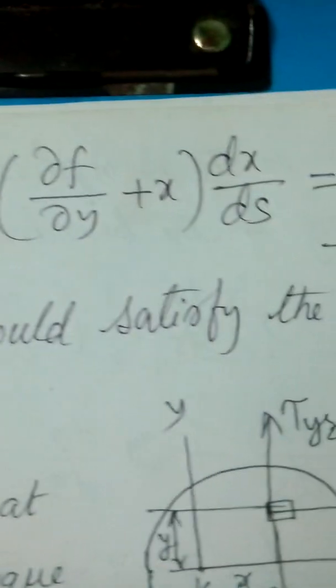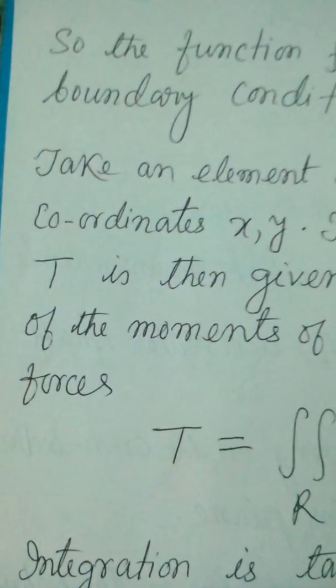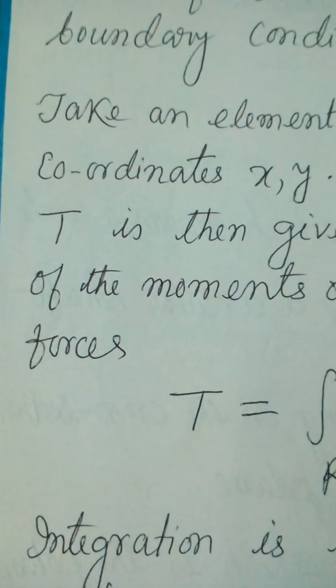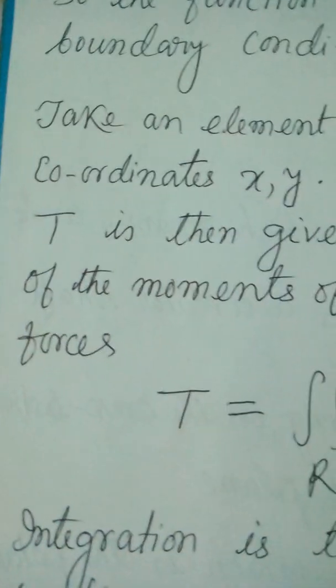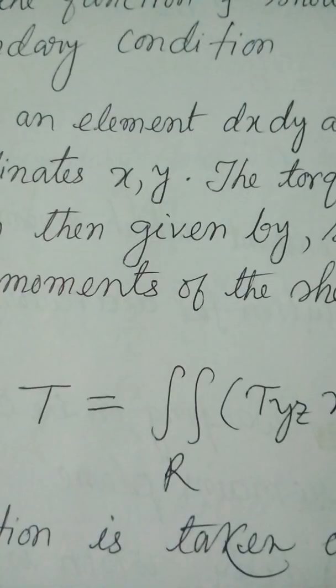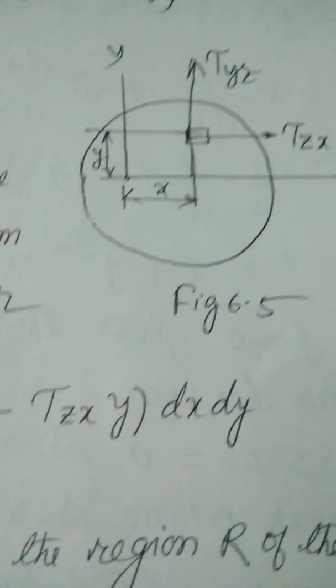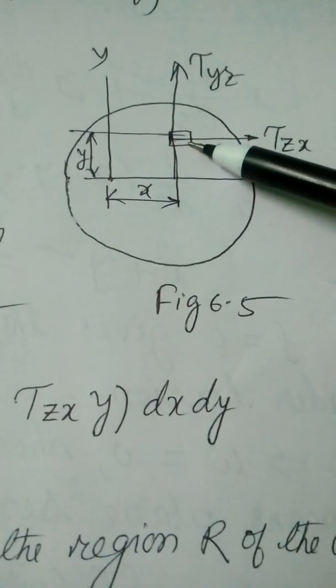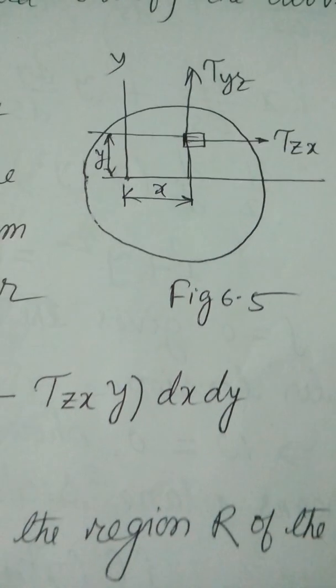Actually this is the boundary condition. Okay, so take an element dx dy at this one. This is actually dx dy, dx this one, dy this one.